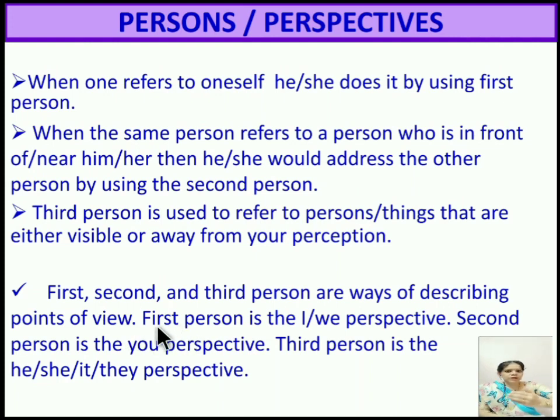The perspective when I talk for you, about you, the listener, that becomes the second person. First, second, third are the ways or the points of view of the communication. I, we are the perspectives. Second person, you is the perspective. And third person, he, she, it, they are the perspectives.